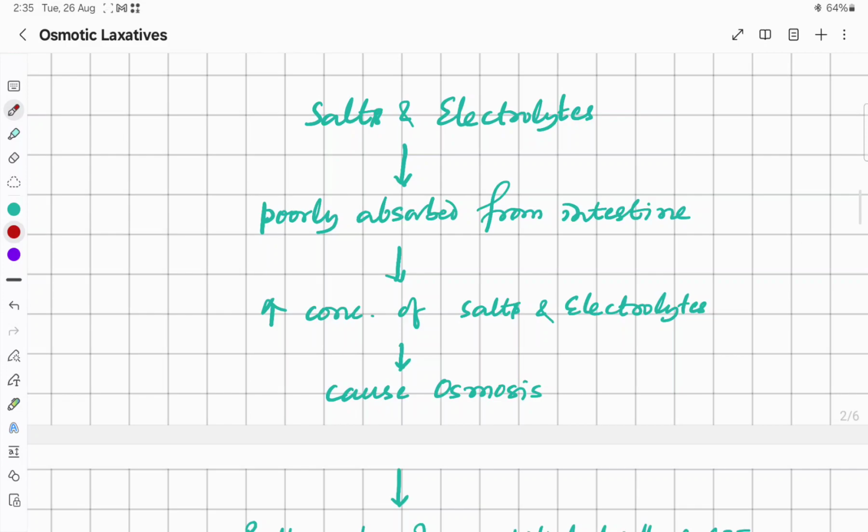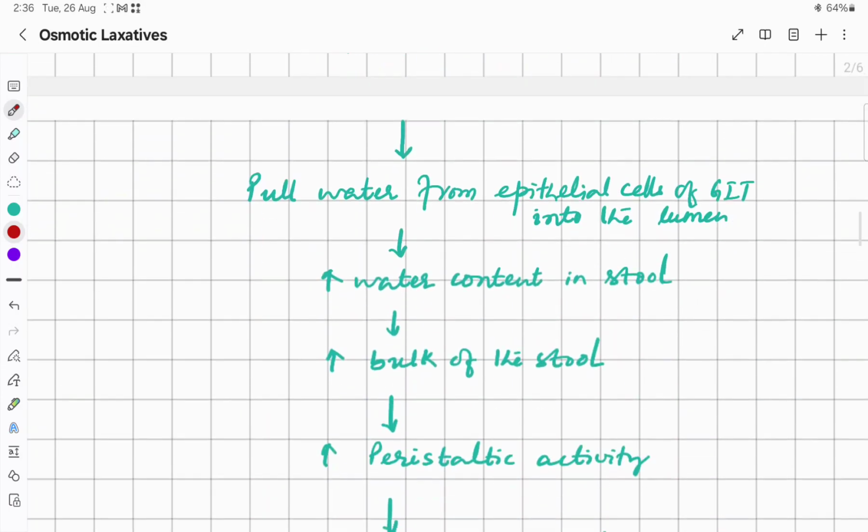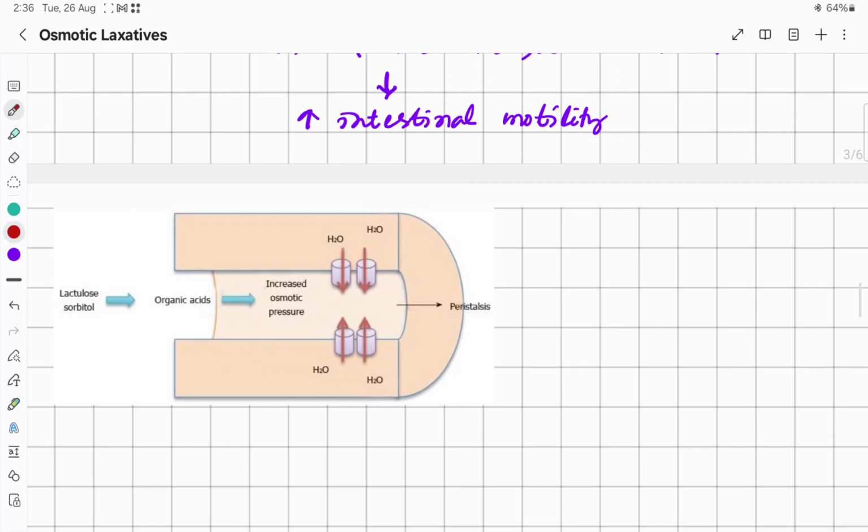So these osmotic laxatives are nothing but the salts and electrolytes which are poorly absorbed from the intestine, and hence their concentration increases in the lumen, and that causes osmosis, because this is the lumen of the GIT, and these are the parietal cells of the GIT wall, and this membrane behaves as a semi-permeable membrane.